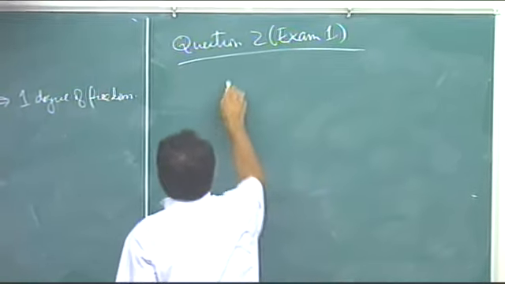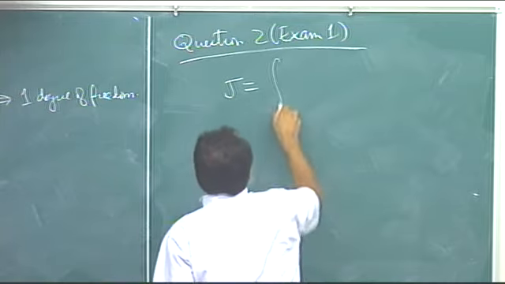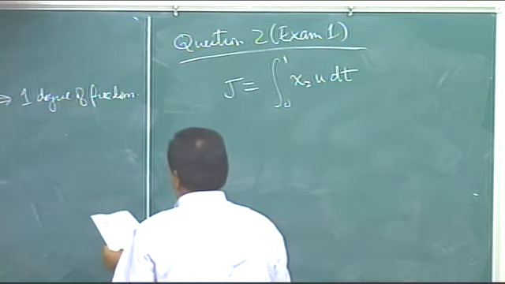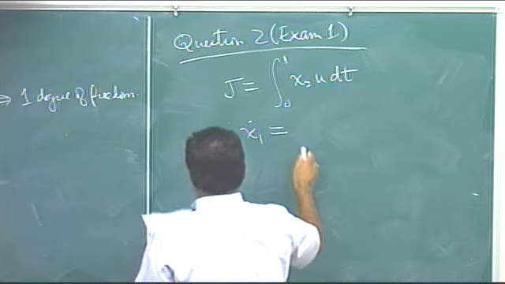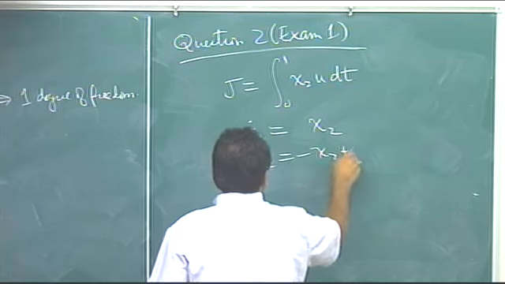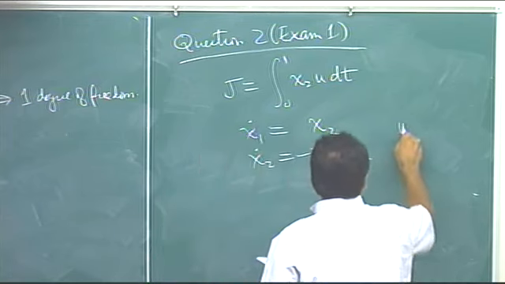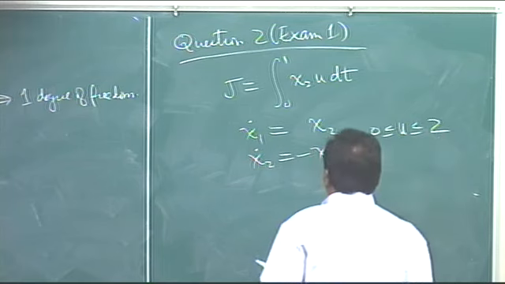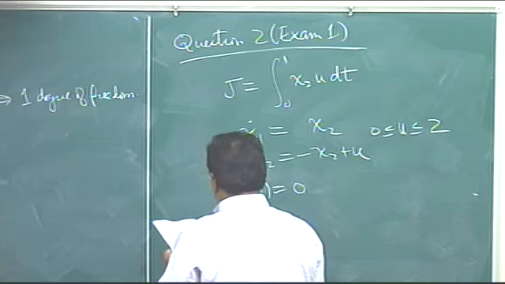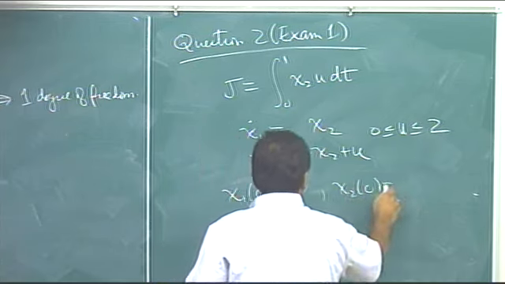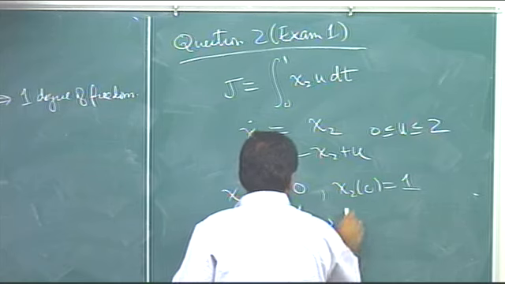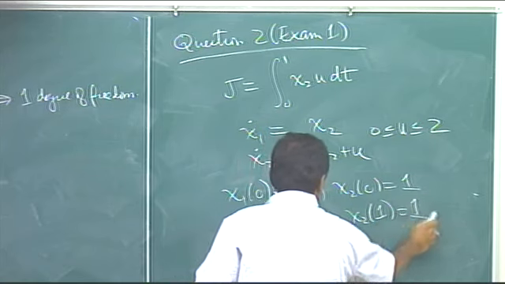was this. It was J equal to the integral from 0 to 1 of x2 u dt, subject to the constraint that x1 dot was equal to x2, and x2 dot was equal to minus x2 plus u, with a constraint that u had to be between 0 and 2, and the boundary conditions that x1 of 0 is equal to 0, x2 at 0 was equal to 1, x1 at 1 was equal to 1, and x2 at 1 was also equal to 1.